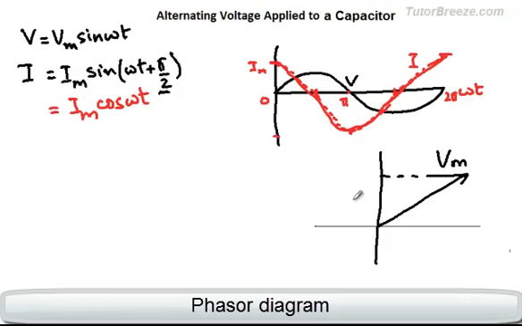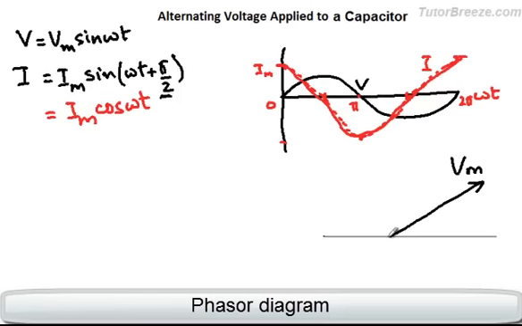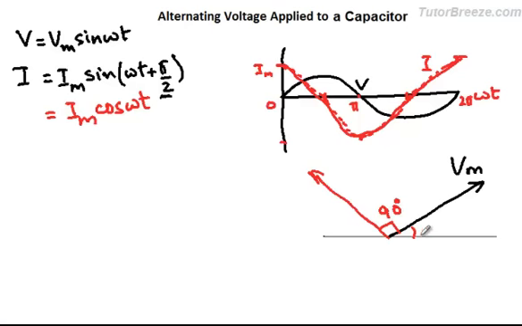Similarly, we can draw a current phasor, and the current phasor will lead the voltage phasor by 90 degrees. So let's say this is the current phasor, and the difference over here between these two is 90 degrees, and this would be omega t.